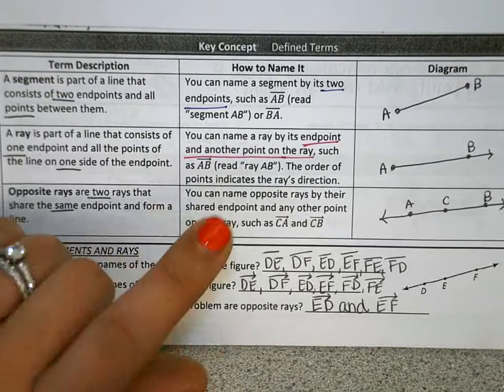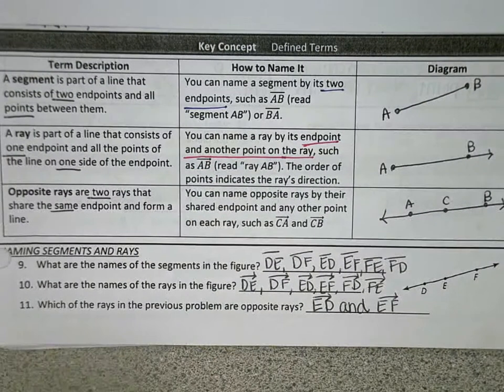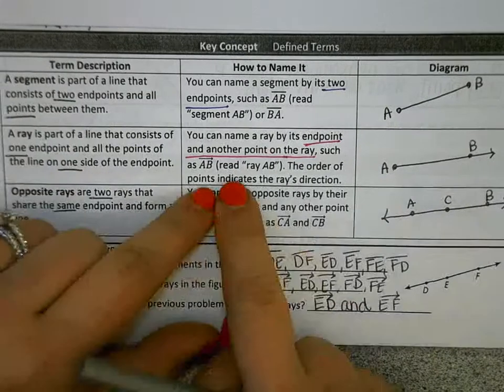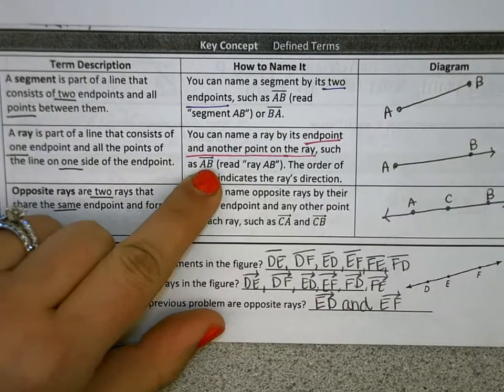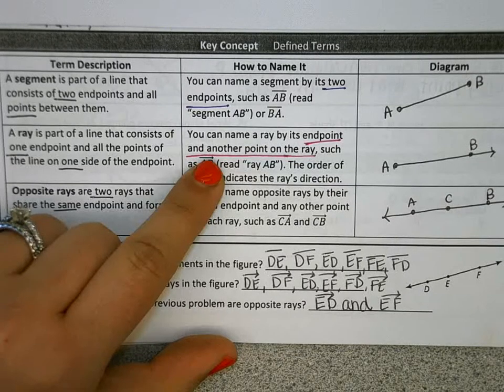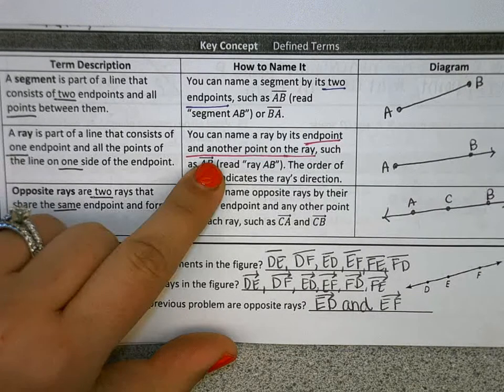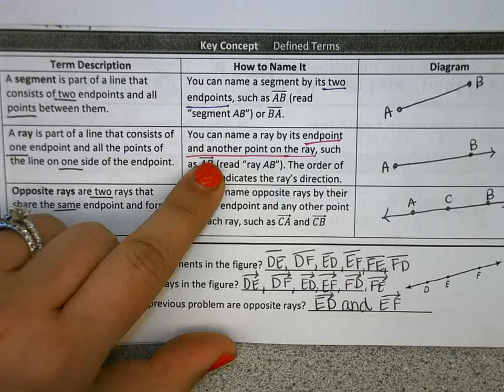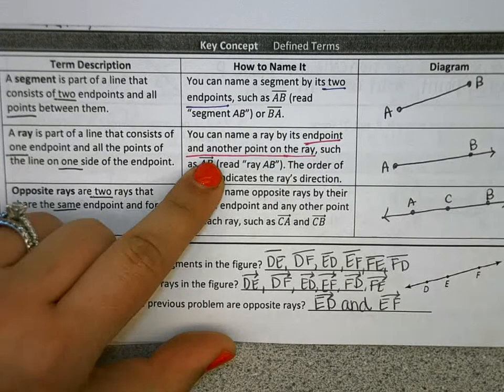So one confusion that students have when they're naming rays is they put the arrow above the points going whichever direction the ray is going. When we write it out, we always use the arrow to the right to indicate a ray, okay? We tell the direction by the order in which we write the points.